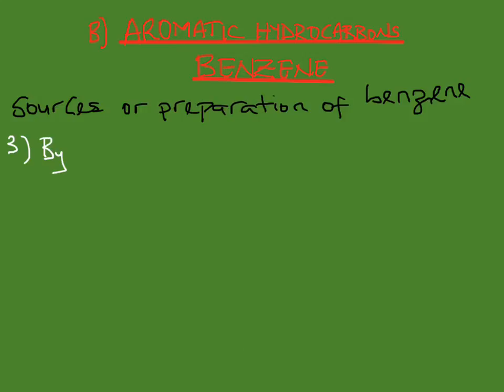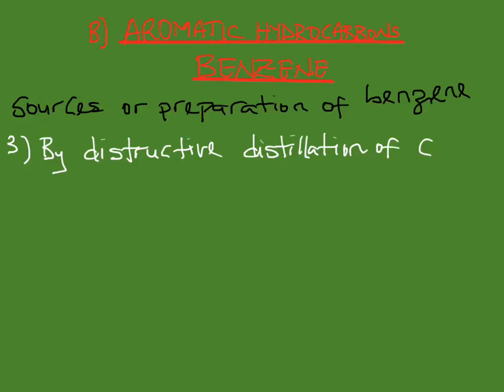The next method is by destructive distillation of coal. Benzene comes out with the coal tar, which must further be distilled to obtain benzene.